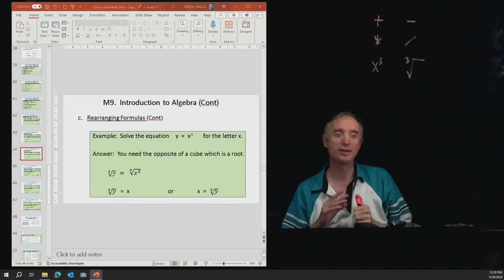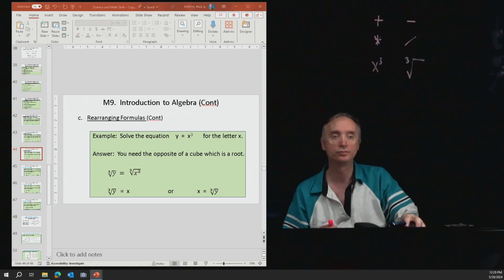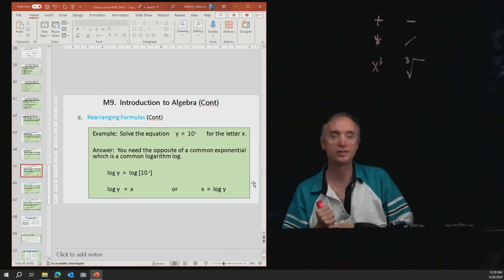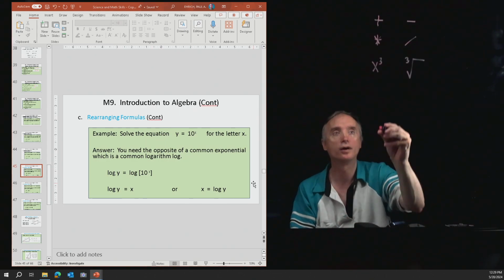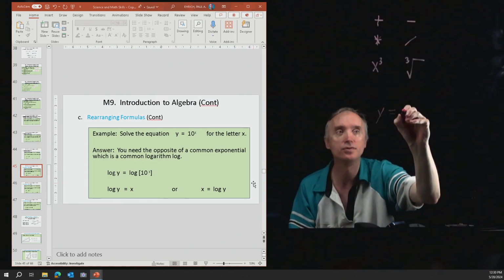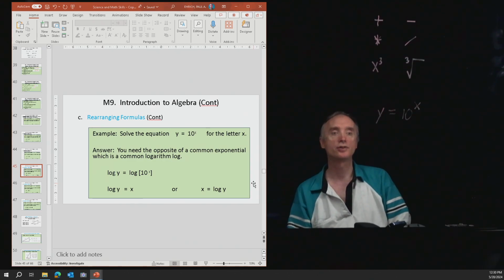But now let's make it a little bit more difficult. And this time we want to go to an example like this, where it's going to be y is going to be equal to 10 raised to the x power. So notice this is different.